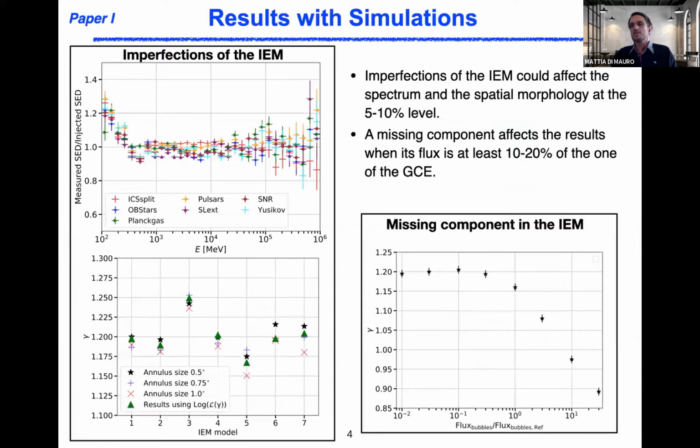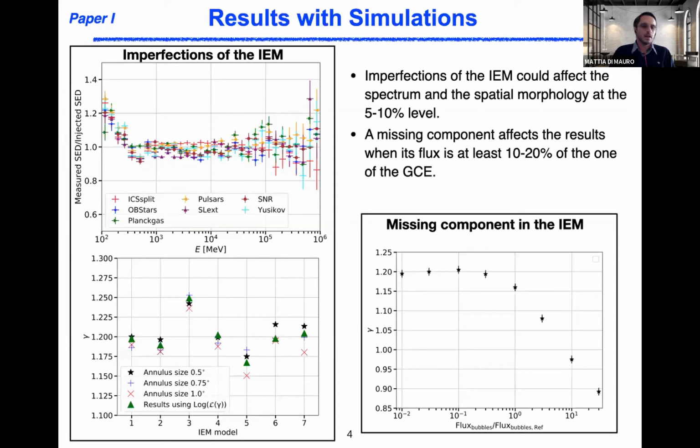First of all, it's important to investigate if the LAT is sensitive enough to determine precisely the characteristics of the galactic center excess. In the first paper, we investigated this using 2 different approaches. One uses possible imperfections in the interstellar emission model, simulating the data with one model and analyzing the data with another model.